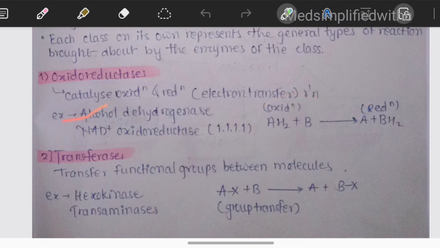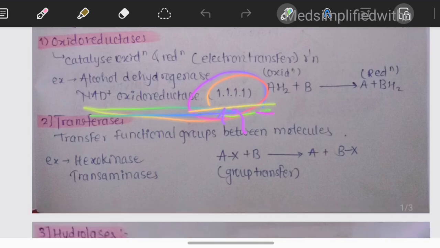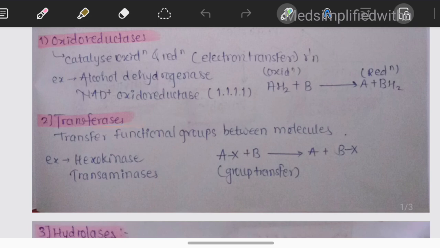These are examples: alcohol dehydrogenase and NAD plus oxidoreductase. And here is the nomenclature for this enzyme: 1.1.1.1.